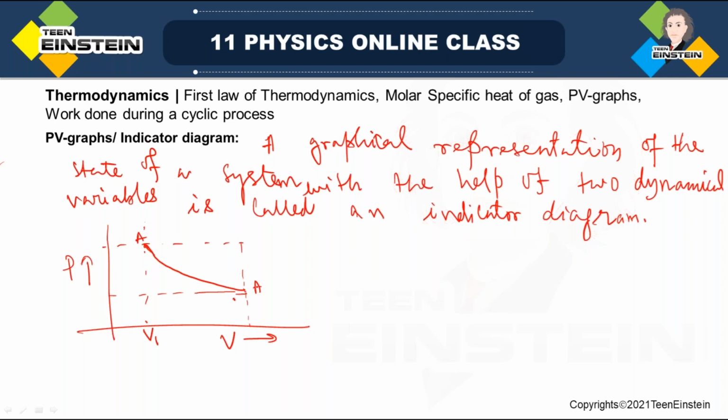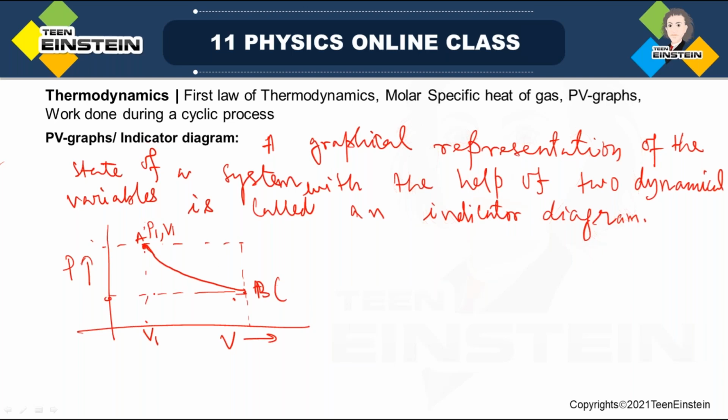When it goes, sorry, B to A, suppose here the pressure was P1. At this particular position pressure was P1 and volume is V1. And at this position the volume has got a value V2, and some other value of pressure, that is P2.